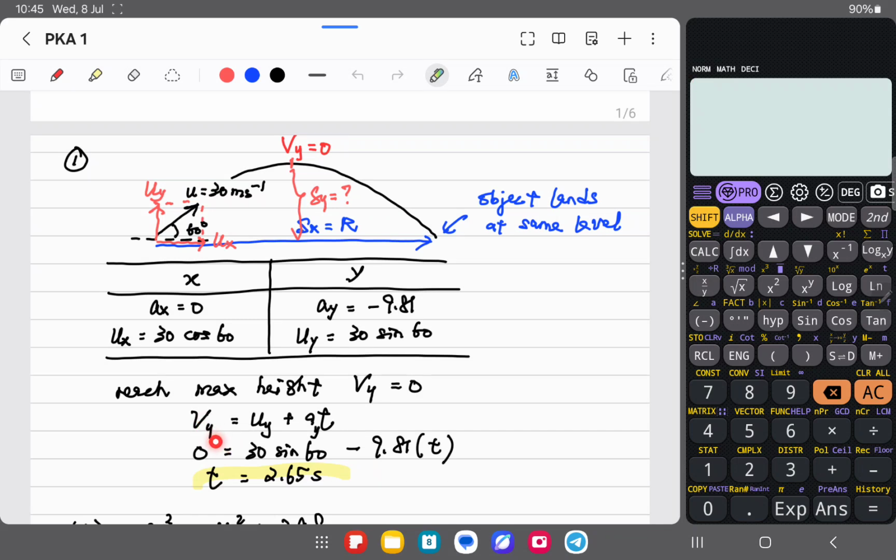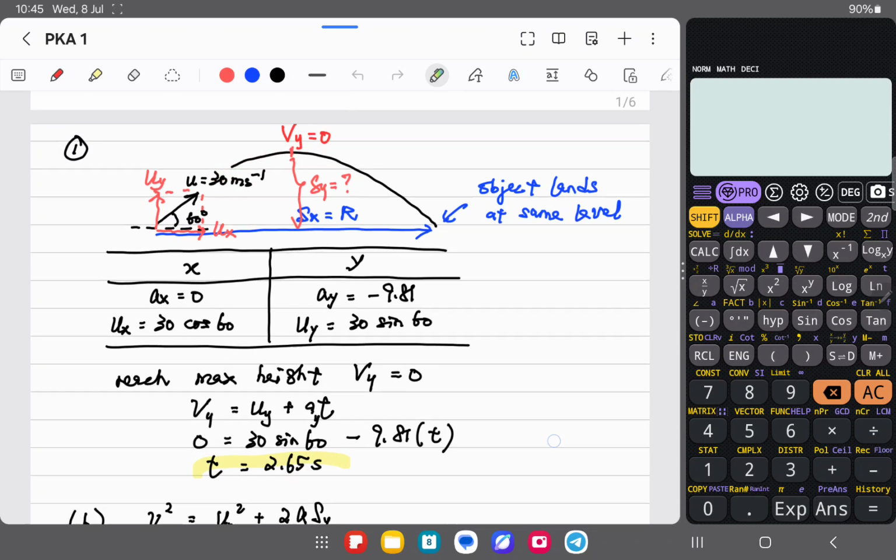The final velocity component y is 0 at maximum height. Our initial velocity for component y is 30 sin 60. Our acceleration along the y direction is negative 9.81. So we will get the time taken to reach the maximum height as 2.65 seconds.